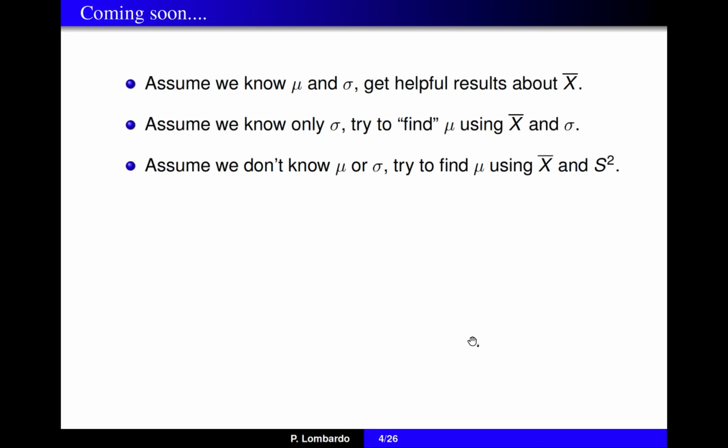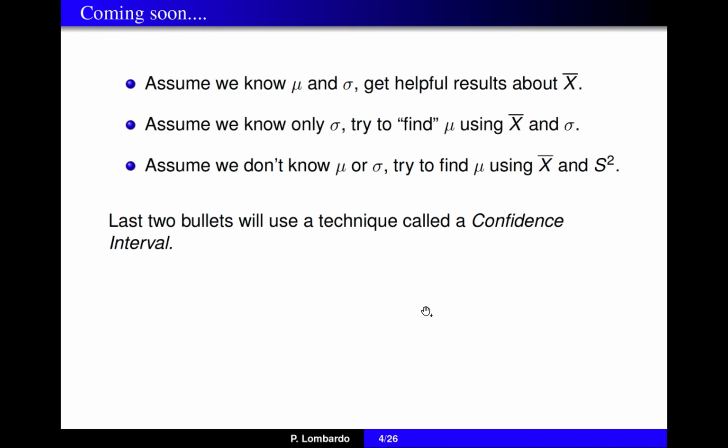And then finally, the most general form that we're going to talk about, hopefully by the end of this week, we're going to assume that we don't know mu or sigma for that underlying normal distribution, right? We're trying to discover that. We're going to try to find mu now using just X-bar and our sample variance statistic. The last two bullets here are going to, again, use a technique called confidence intervals, and we should be able to go over many examples this week and possibly next week.